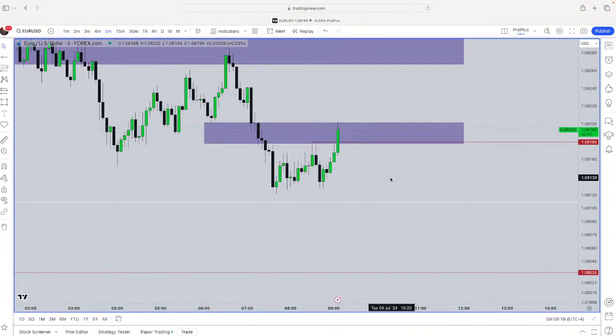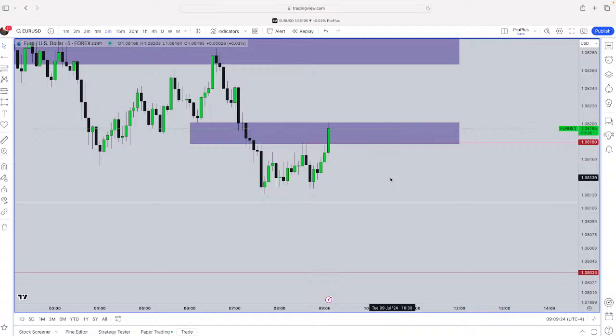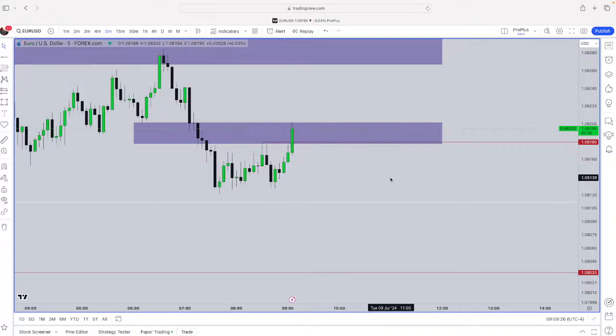But yeah, one shot kill, or the silver bullet, one shot one kill. Is that what you're on about? The silver bullet happens 10 AM to 11 AM, or 2 AM to 3 AM, I'm pretty sure it is. The one shot one kill. Basically there's always going to be a time between 10 AM to 11 AM where there's going to be a run on liquidity.